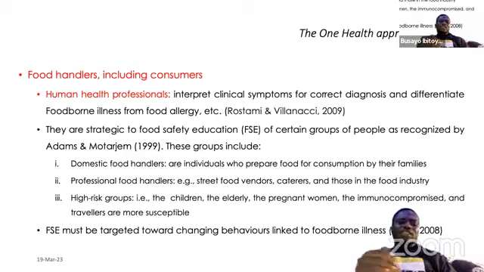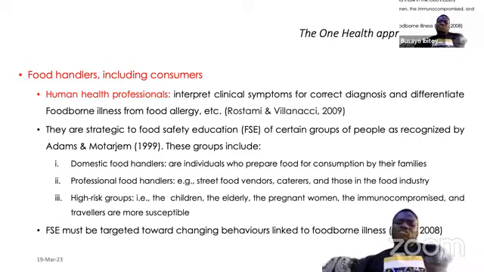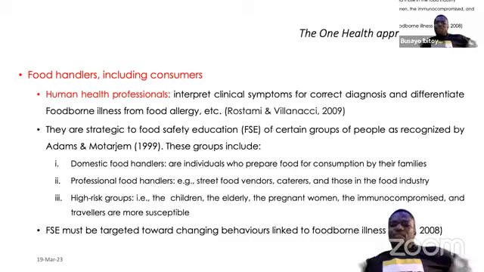And again, travelers, in particular to a new environment, are also at high risk of contracting foodborne disease because many times they are exposed to new types of food, new environments, and the stress of the journey and what have you make their immune system wane. Food safety education must be targeted.